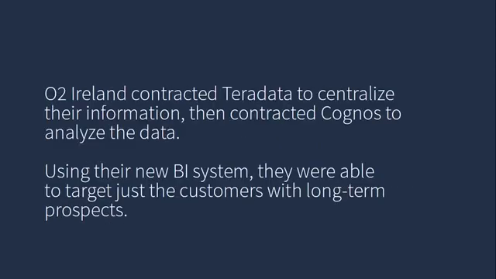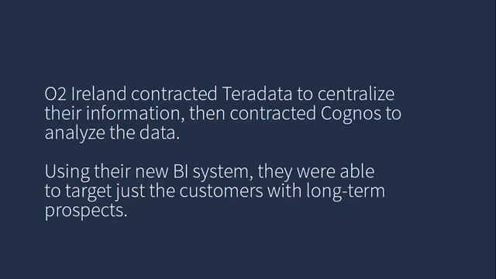Their solution was to contract Teradata to centralize their information in a data warehouse, to map out where O2 Ireland's data was coming from, where they're getting information on the customers, extract, transform, load all of that, standardize it, and get it into a data warehouse. Then they implemented Cognos business intelligence software so they could run queries on that and analyze it.